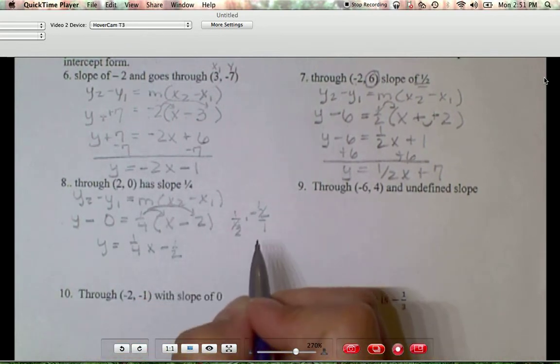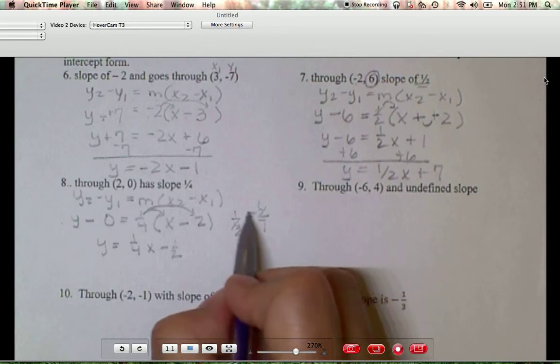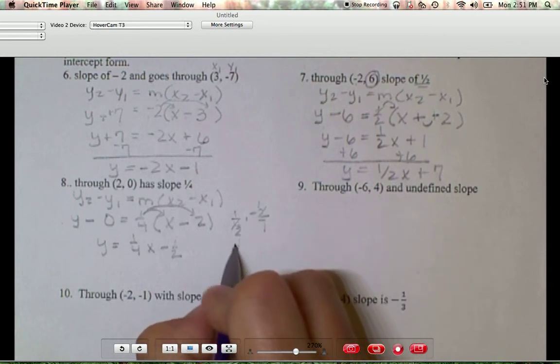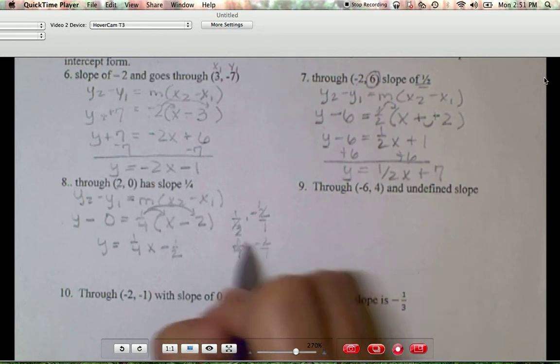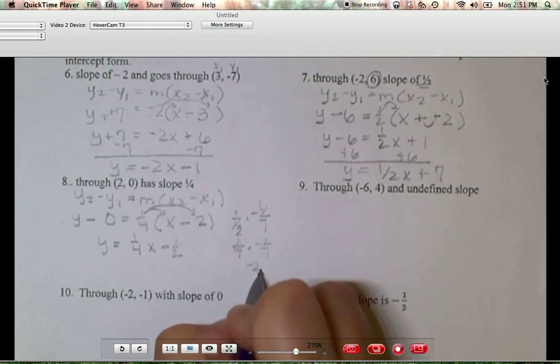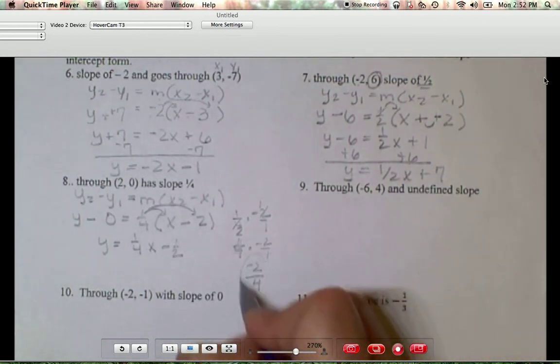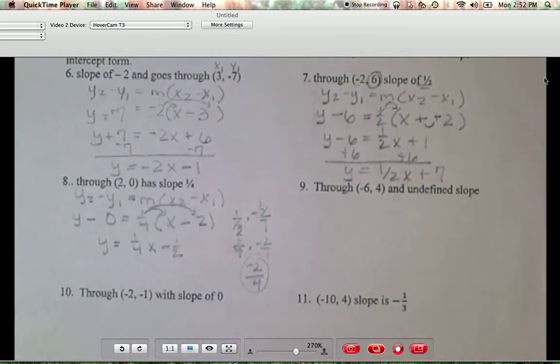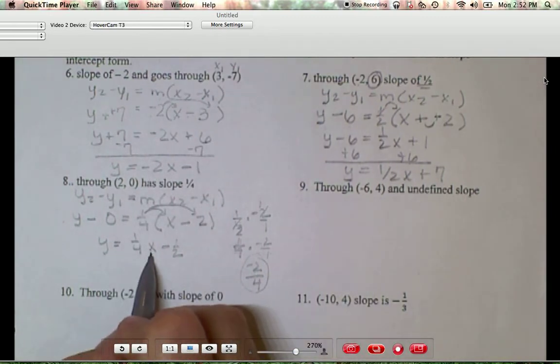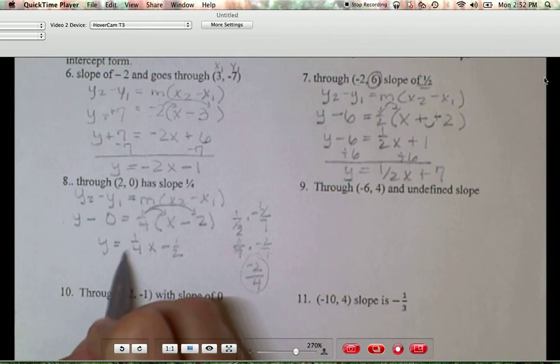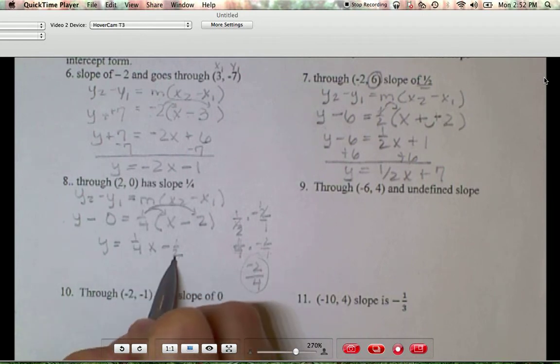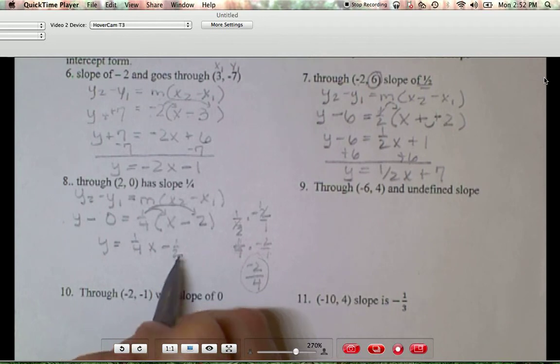The other way you can do it, if you don't want to cross reduce, if you do 1/4 times negative 2 over 1, multiply across the top, which gives you negative 2, multiply across the bottom, which gives you 4, and then you need to reduce that, and that still becomes negative 1/2. So there's our equation. y equals 1/4 x minus 1/2. So the slope is 1/4, and the y-intercept would be the point 0, negative 1/2.